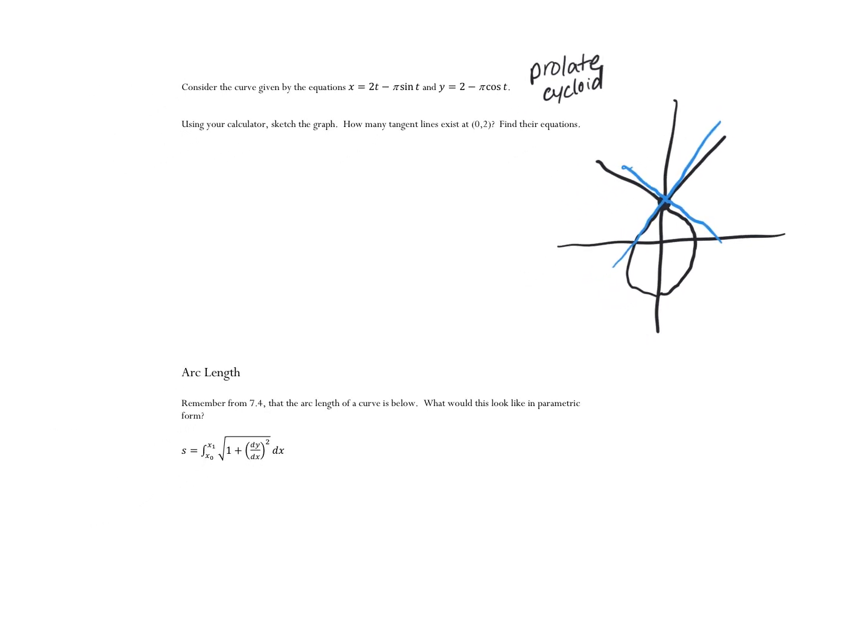All right, so the first thing we would need to do to find the tangent lines is find the derivative. So we're going to find dy/dx, which means we've got to find dy/dt, which looks to be pi times sine of t.